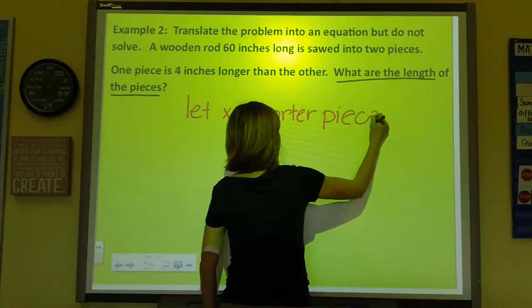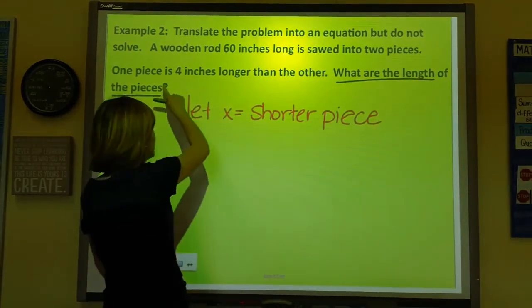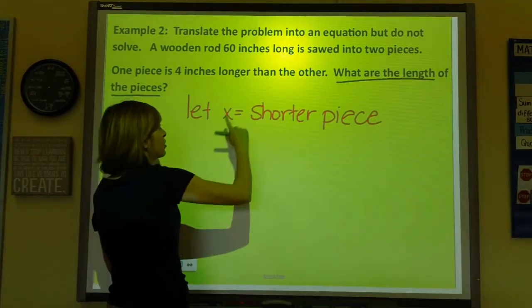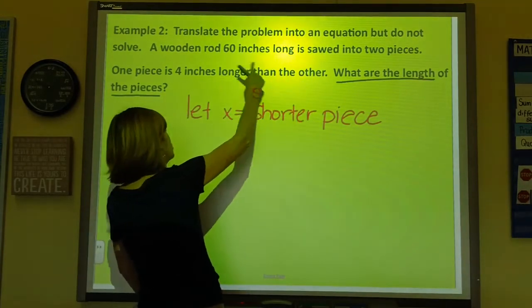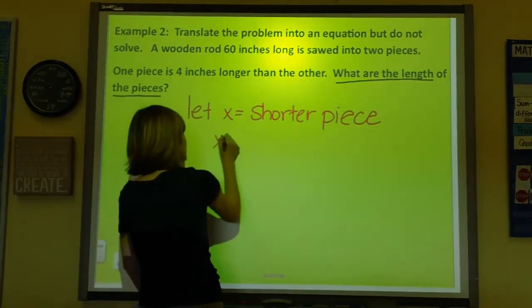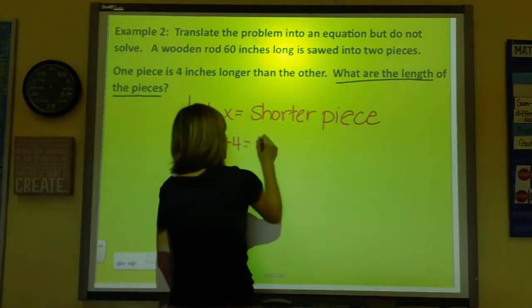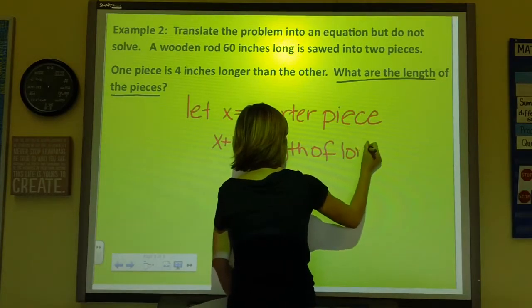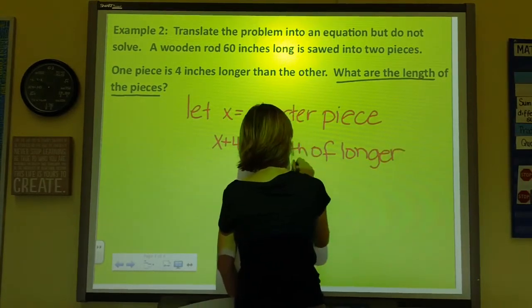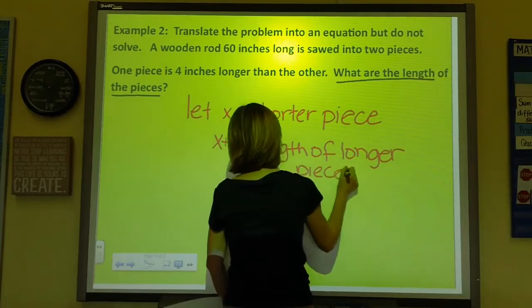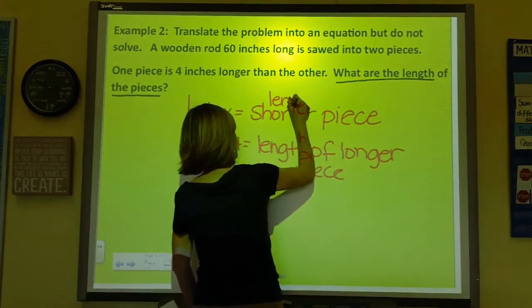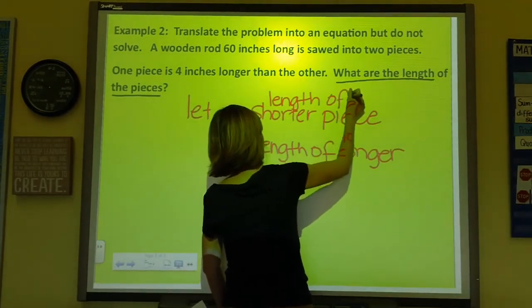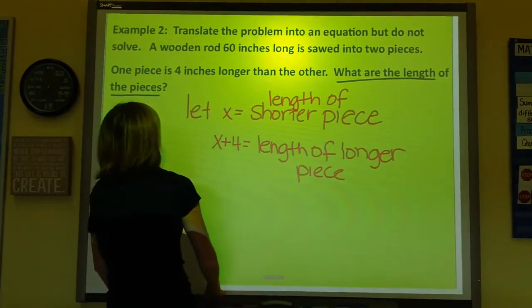Okay? All right, so one piece is 4 inches longer than the other. So if one is x and the other one's 4 inches longer, then x plus 4 is the length of the longer. Okay? All right.